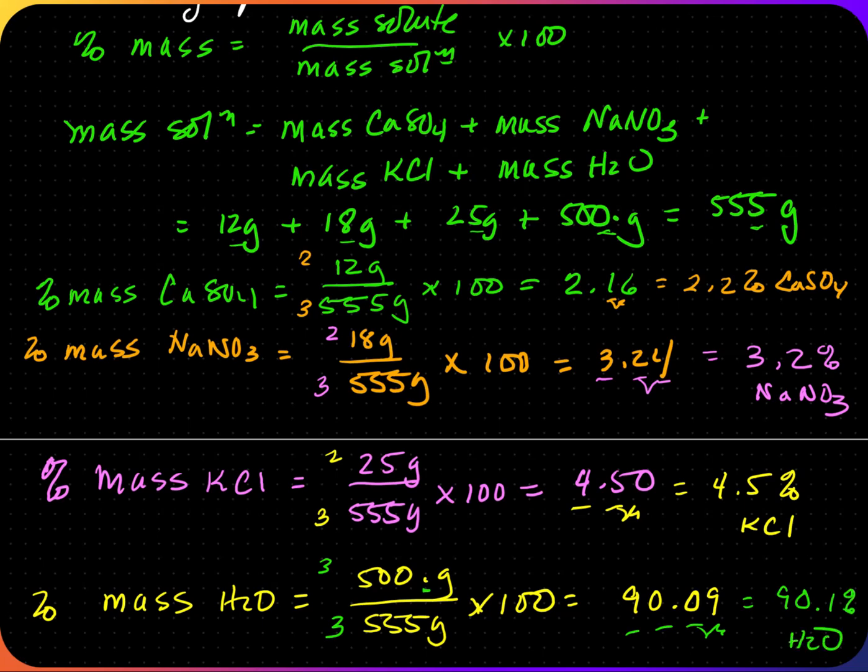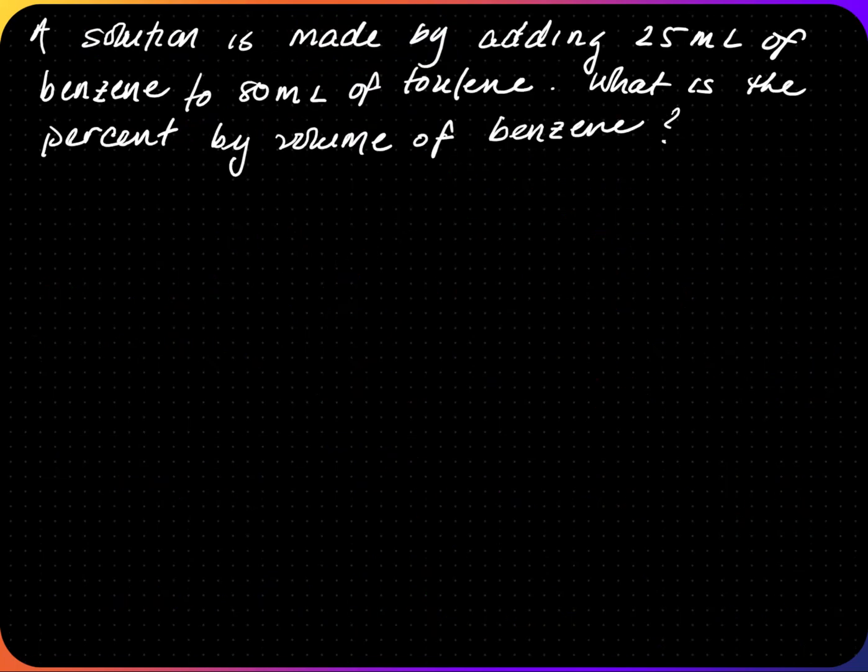The other way you could have solved the last component is that it has to equal 100%. You could add the other 3 and subtract from 100%, or you could just plug it into the formula. If you did the math correctly, at the end, if you add all the percentages, they should equal approximately 100%.